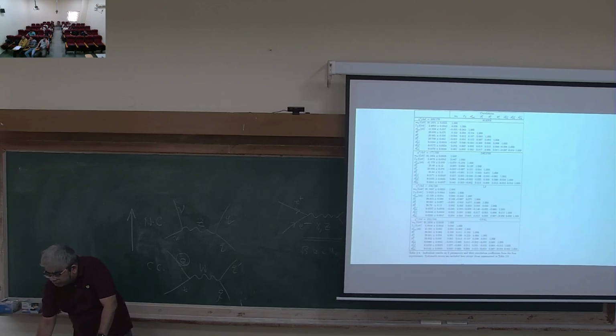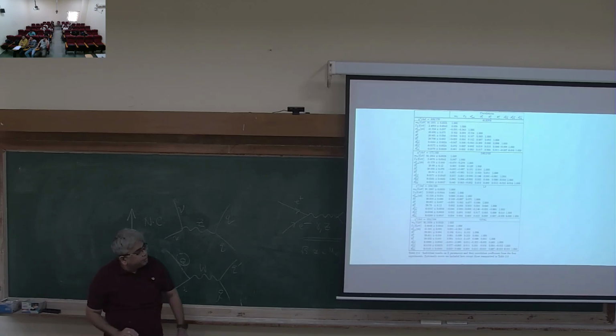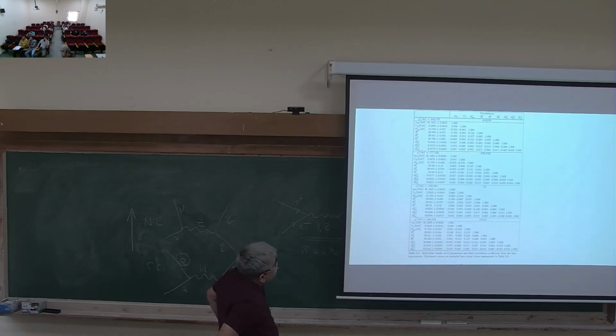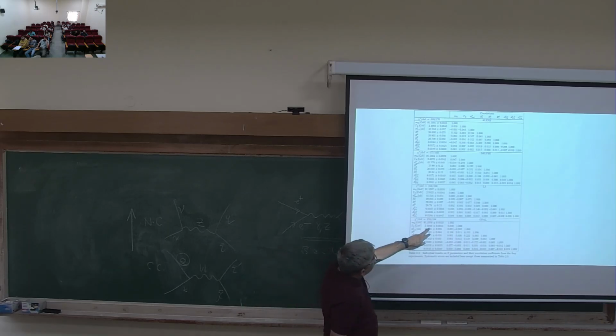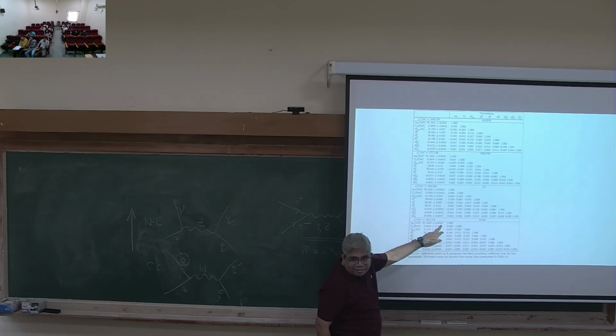Okay, very strong constraints, and these are the measurements by the 4 different experiments, and this is a chi-square fit essentially. Now see the error bars, they are at 1% level. So that's the reason why we need radiative corrections.